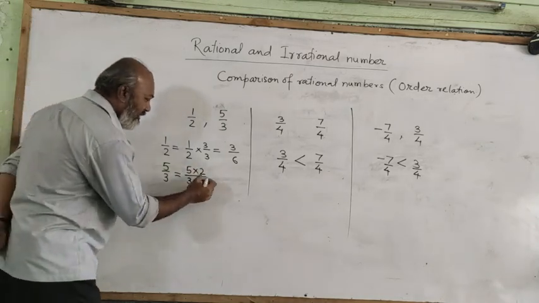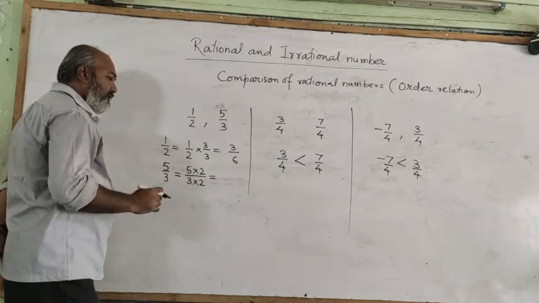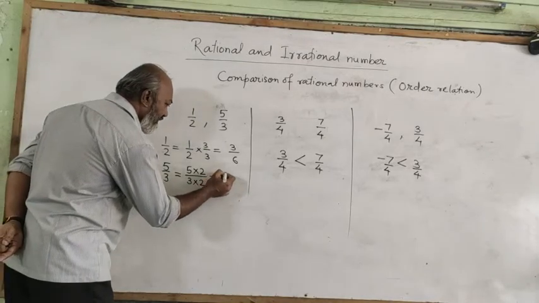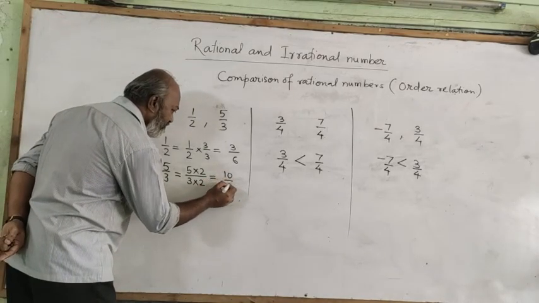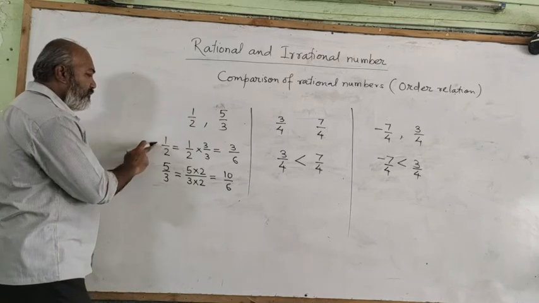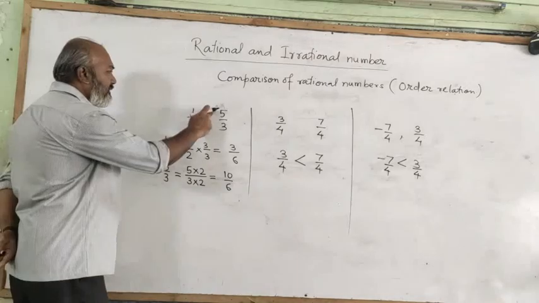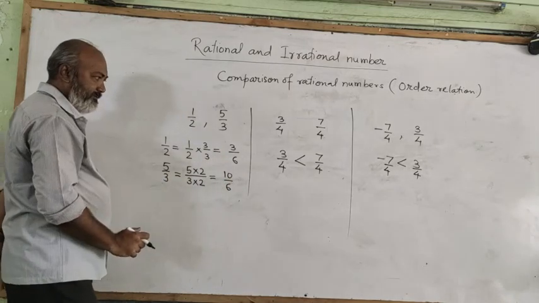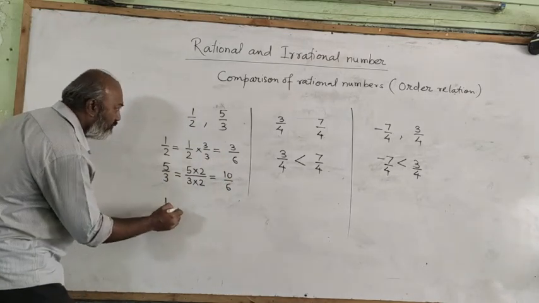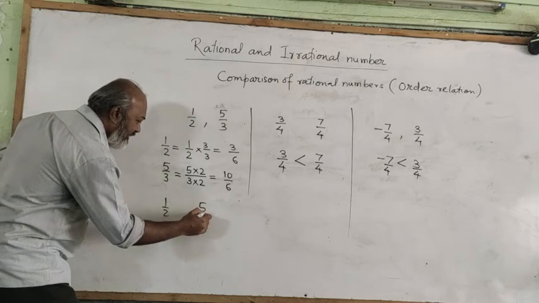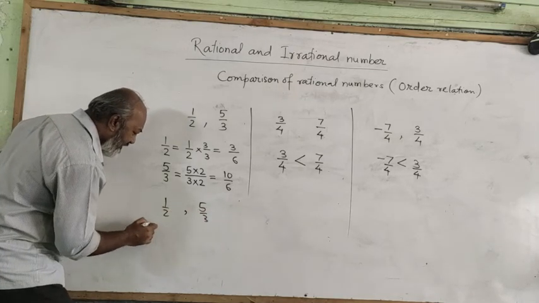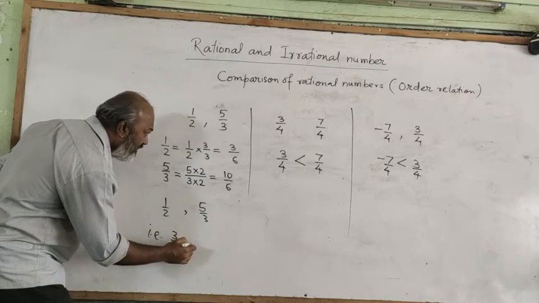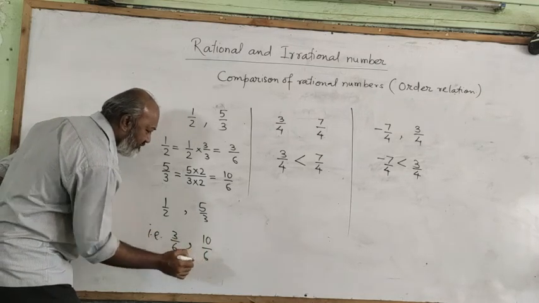So I am multiplying the numerator as well as the denominator by 2. 5 twos are 10 and 3 twos are 6. Now both these numbers, 1 by 2 and 5 by 3, have equal denominators, that is 3 by 6 and 10 by 6.